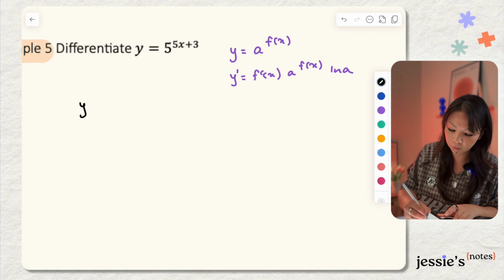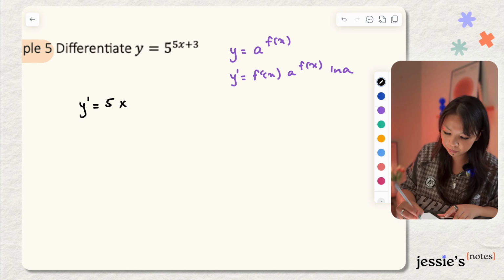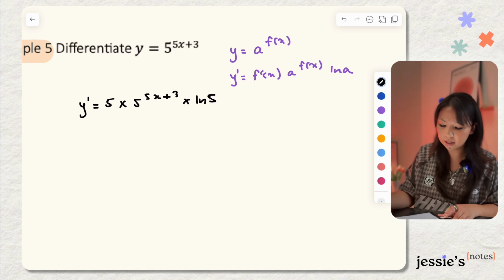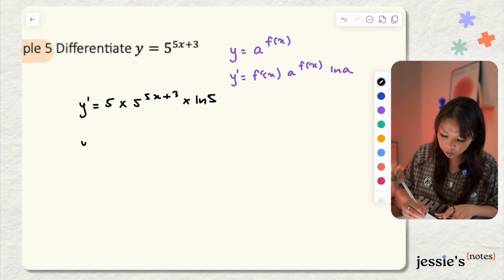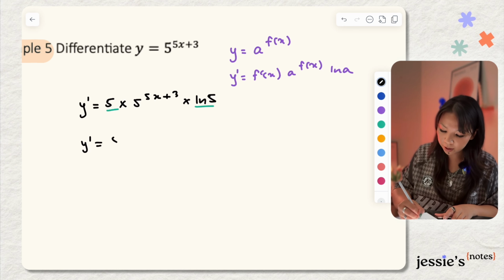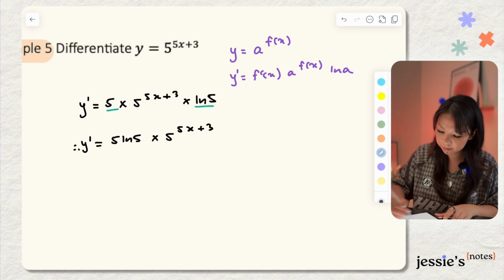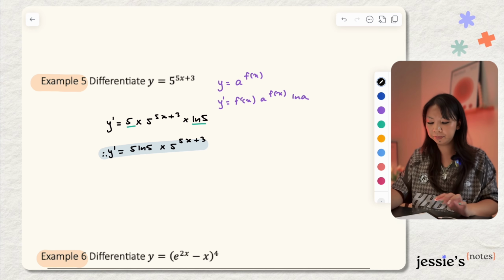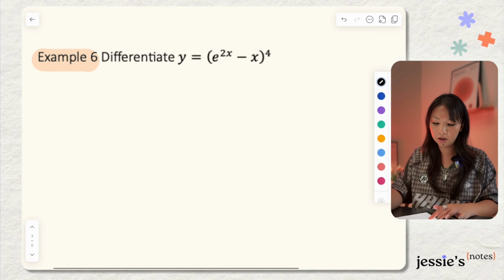Kind of sounds like I rhymed there. So now the last thing I'll do is combine the constants out to the front. We get 5 ln 5, and then I times it by the exponential. Yay! All right, next one.